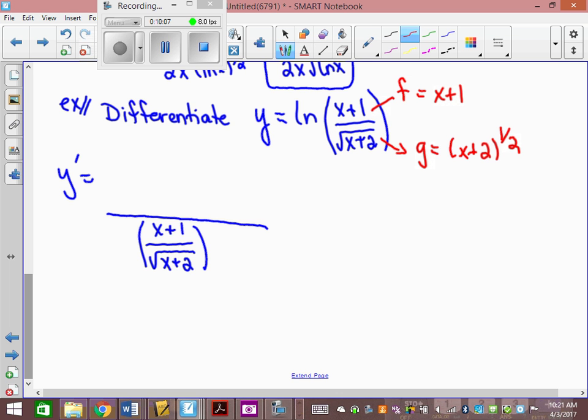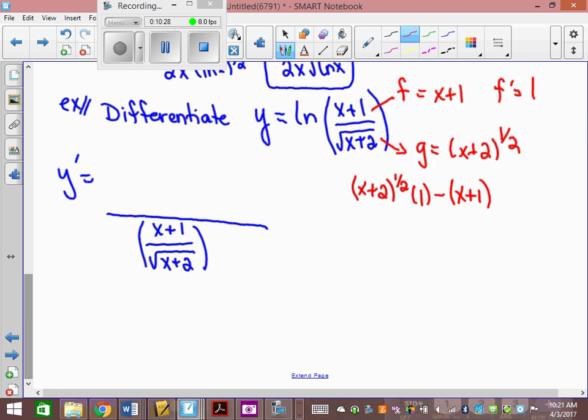So G times F prime, which is what? 1 times F, or minus F, times g prime.